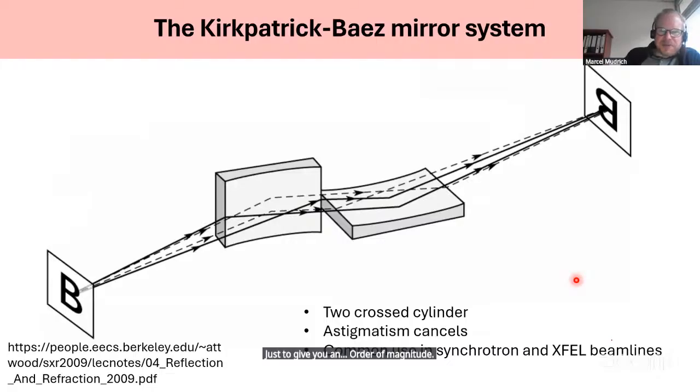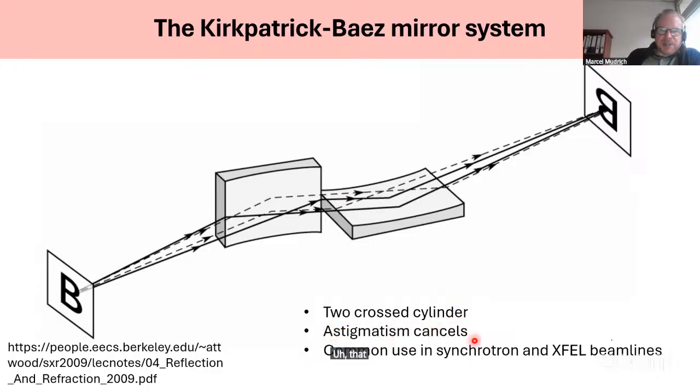A very flexible and nice way of focusing in two directions is using this arrangement here, the so-called KB optics, which basically consists of two cylindrically shaped focusing mirrors, and there are two cross cylinders.